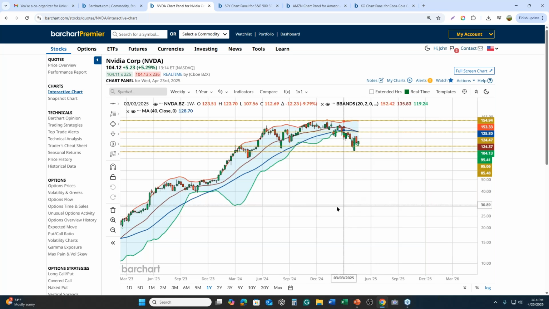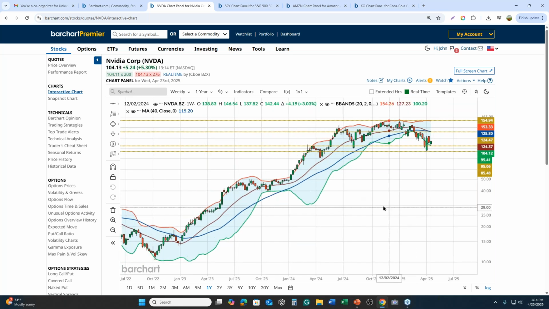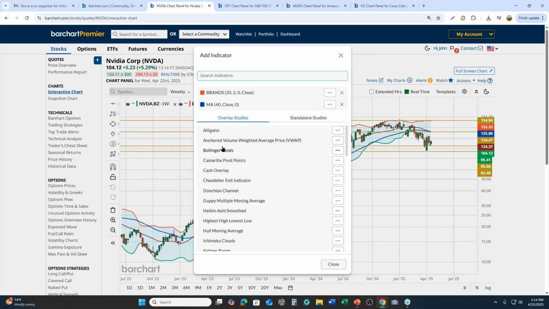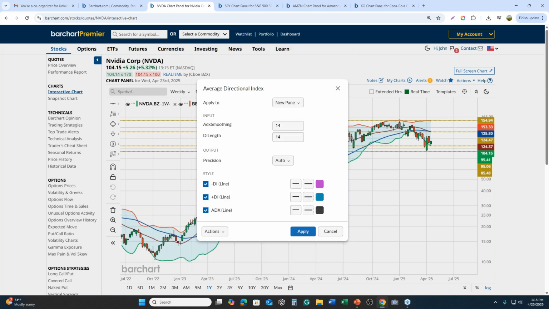And then to confirm that, I'm going to look at ADX, Average Directional Index. Now, I'm going to make this real simple. You're going to have boiled down this technical analysis tool if you're not familiar with it. So there's three components. There's the DIs, the positive and negative DIs, and there's the ADX.